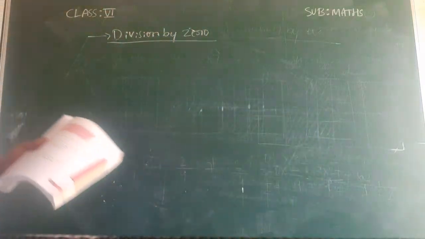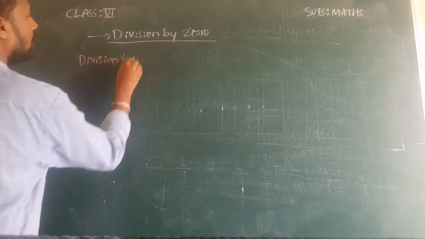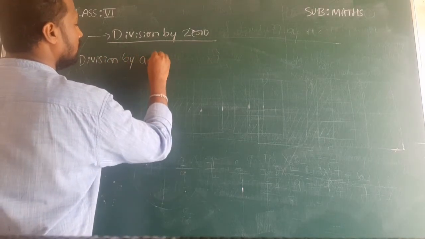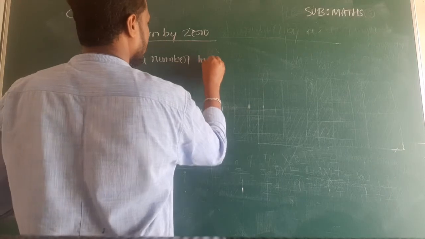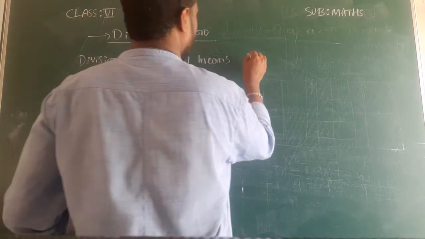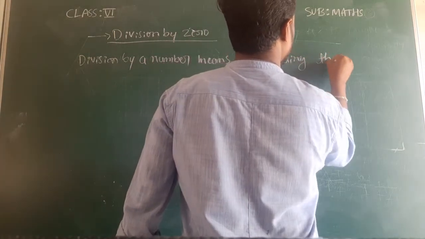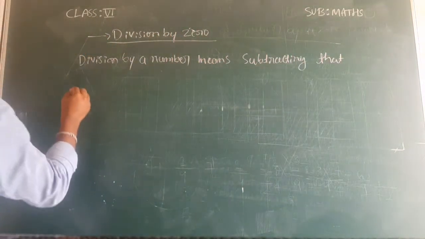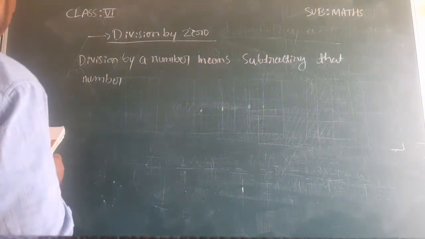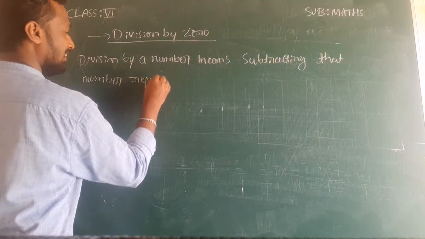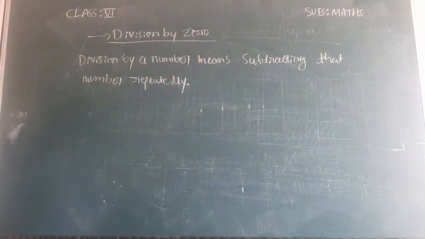Okay, first we will see one example for that. So division by a number means subtracting that number repeatedly.